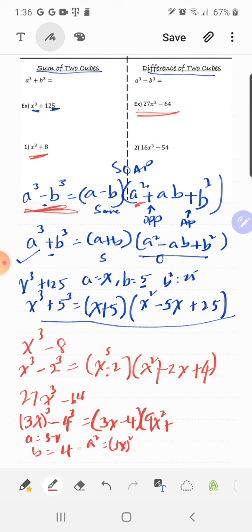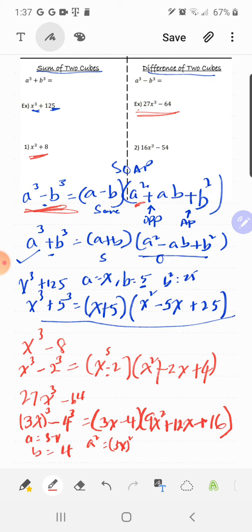So 3x times 4 is 12x. Always positive, b squared. b is 4, so b squared is 16. So here we have 3x minus 4 times 9x squared plus 12x plus 16.